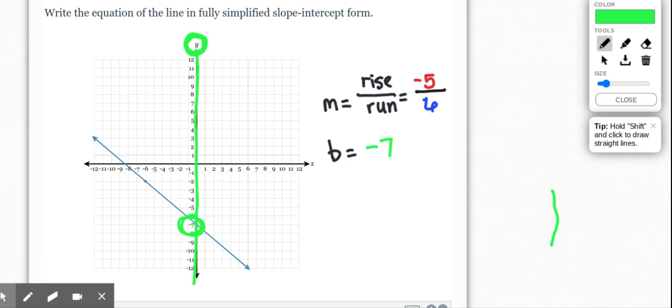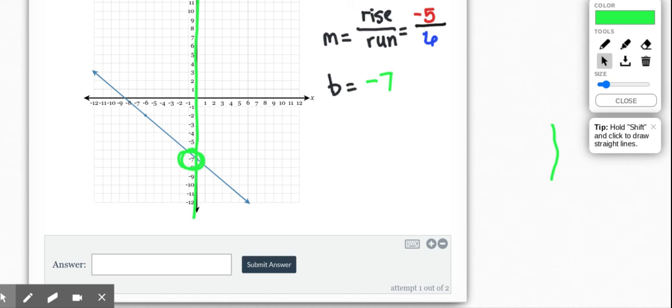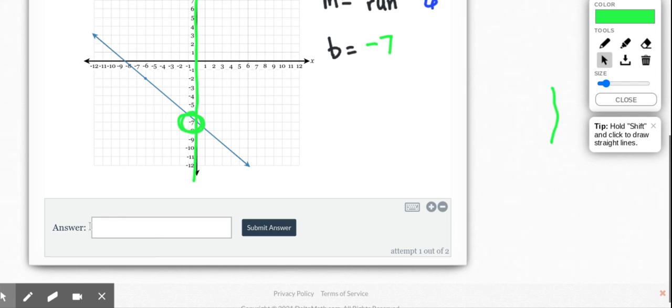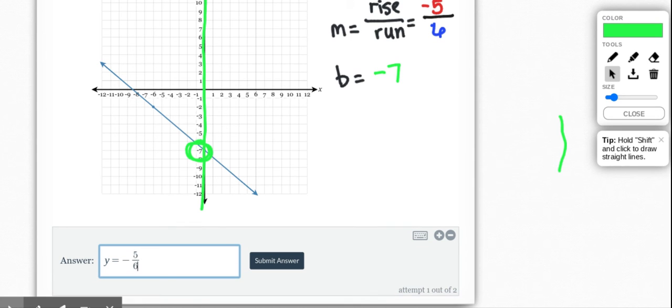Okay, we're ready to write our equation now. We have our m, we have our b. Notice on this one, it does not give you the y equals, so you have to write the y equals. So it will be y equals, and then the rise over run, or the slope, is -5 over 6, then x, and then our b value is -7.